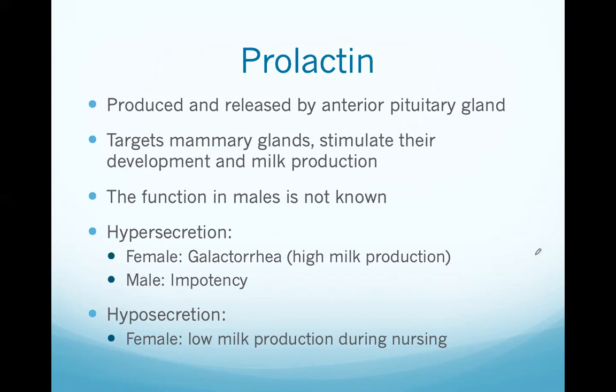In females, however, the biggest problem a woman will have is high milk production, which is called galactorrhea. Not significantly negative per se in terms of what we identify as negative for women, but for males, it can have a really significant negative impact.